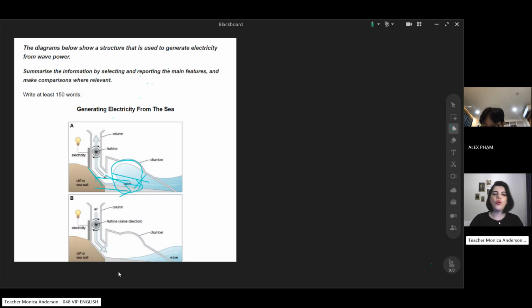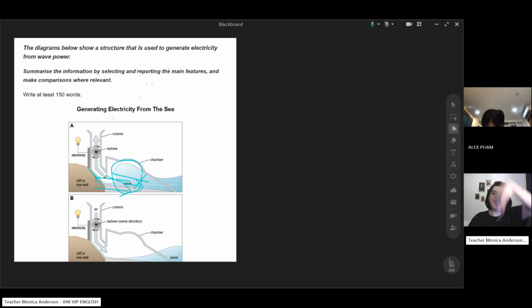Of course. So as the water now flows away, moves back from the structure, it pulls air back down the column and downwards through the turbine, again in the same direction.